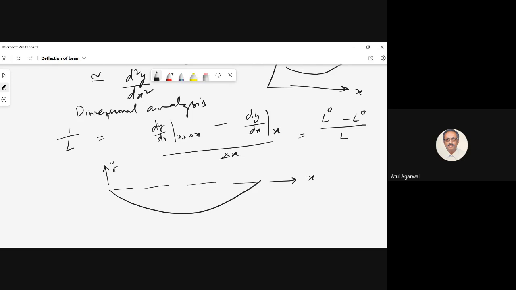So what is the slope here? Is the slope positive or negative? How to check whether the slope is positive or negative? We have to see the coordinate system, x, y. If you take a line like this, how do you find whether the slope is positive or negative? You increase your x.